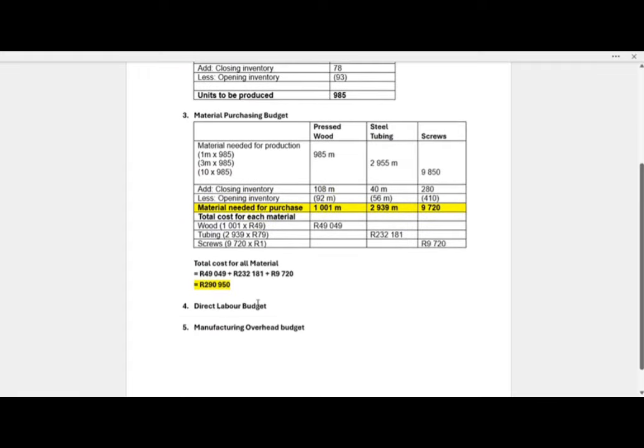Direct labor budget. With the direct labor budget, number one, you need the format.